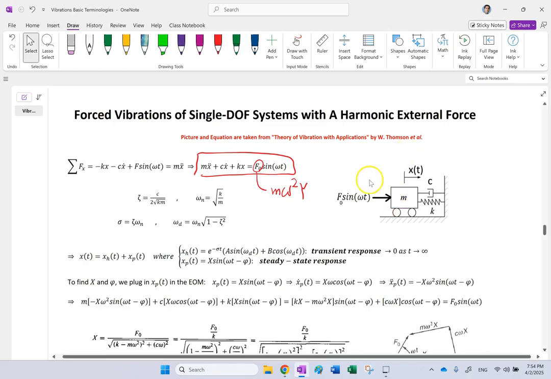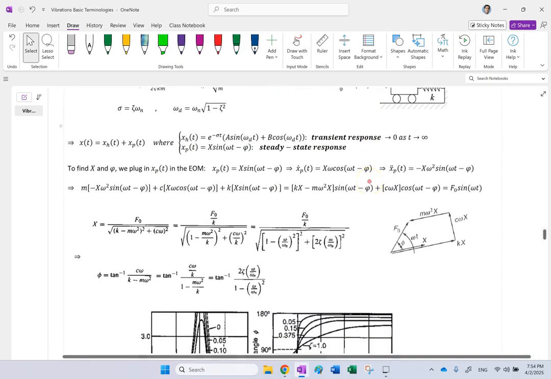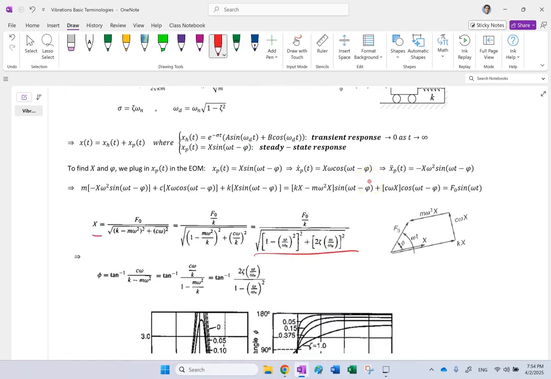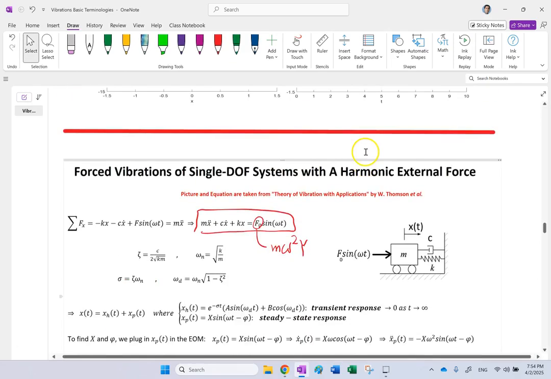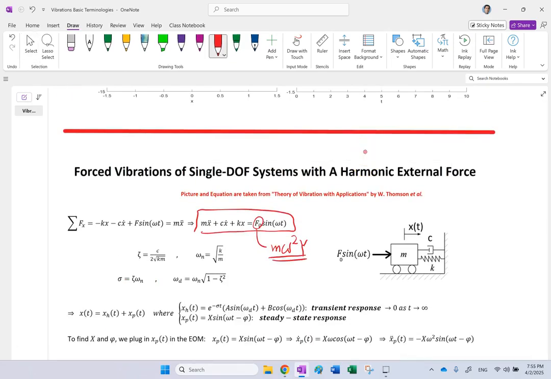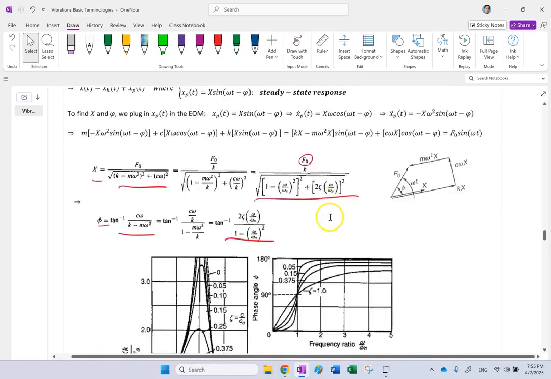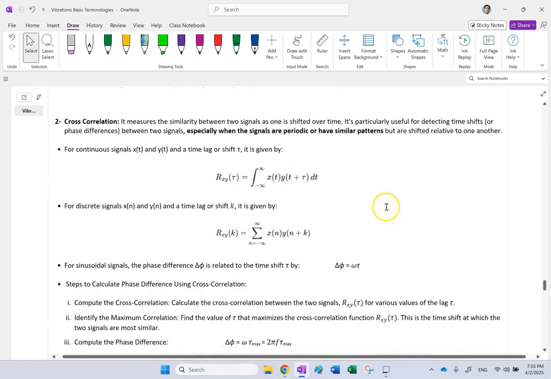So these two formulas that we had for magnitude of x and for angle, I can use them as long as I replace F naught with this guy here, and x with z, that's all it is.